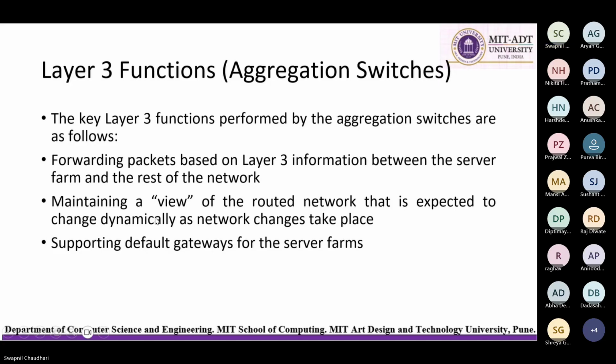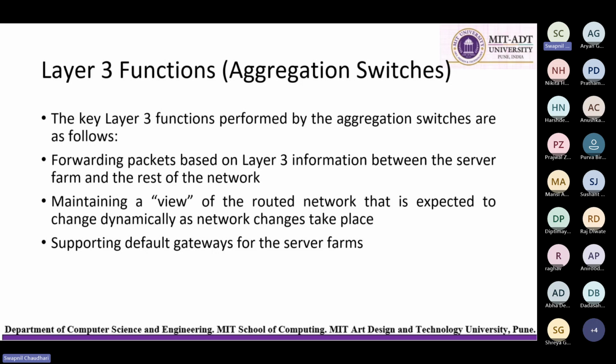Third, supporting the default gateway. Aggregation switches also act as a default gateway for the different servers. This means when the servers want to send data outside their network, they send the traffic to the aggregation switches, which then decide where to forward the data. This is critical because all external communication depends on these default gateways.